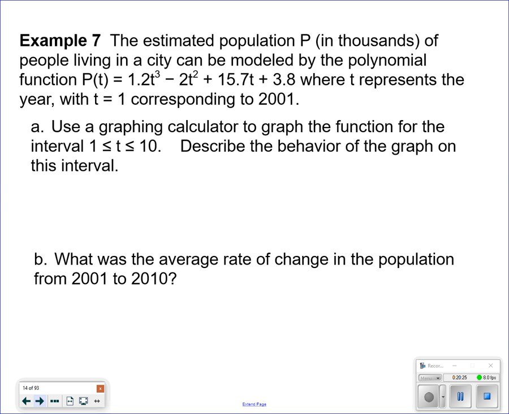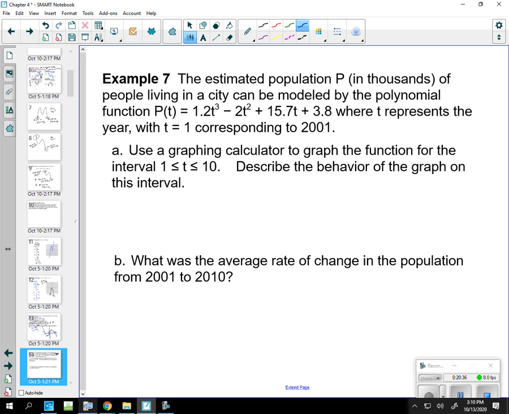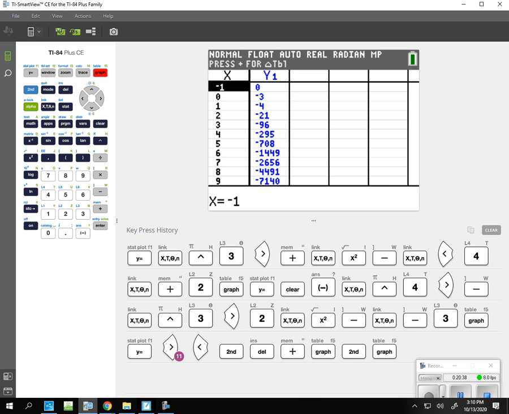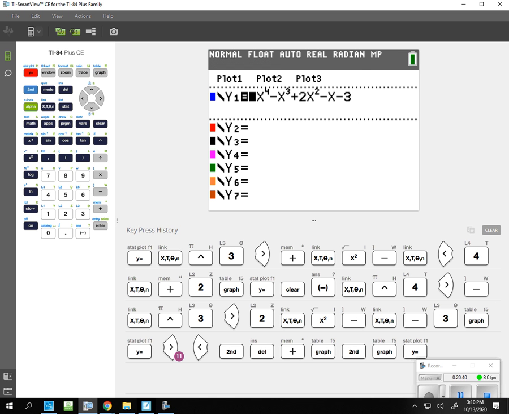Use a graphing calculator to model the function for the interval 1 to 10 and describe the behavior of the graph on this interval. So let's go back to our graphing calculator and let's type this in. So go to y equals, clear out what you have, and let's type this in.